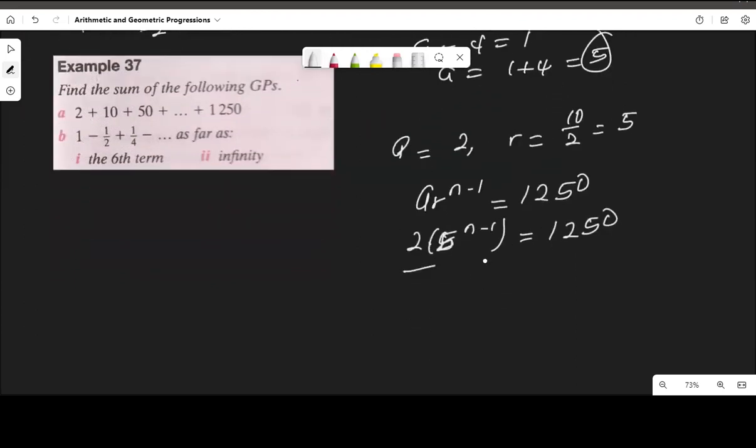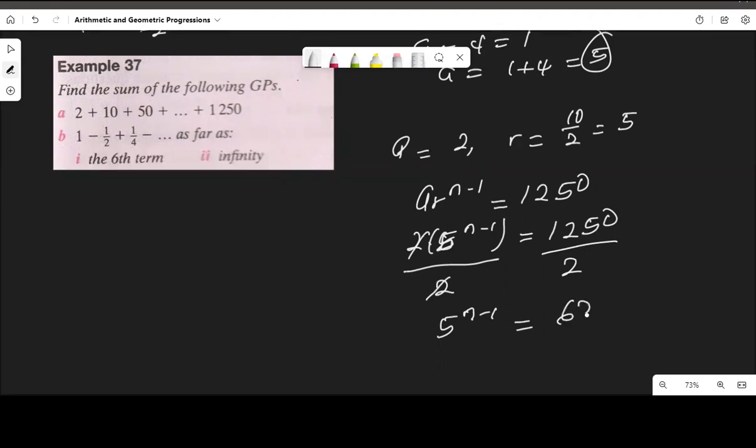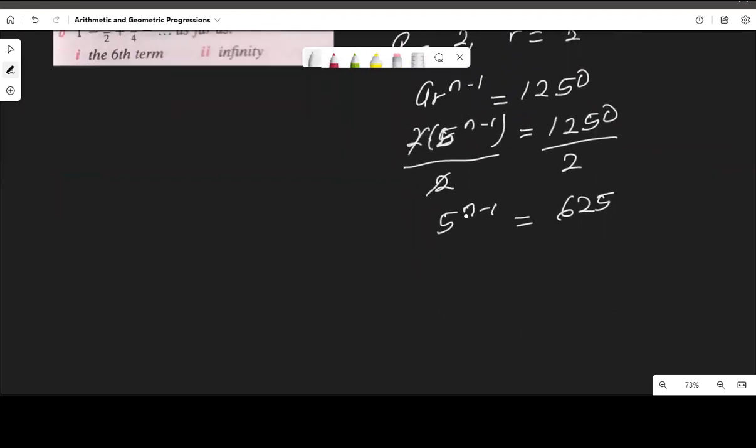Dividing both sides by 2, so I can clear this 2 here, I have 5 to the power of n minus 1 equal to 1250 divided by 2. That will be 625. Expressing 625 in index form so that the bases can be equal. Here I have 5 to the power of n minus 1.